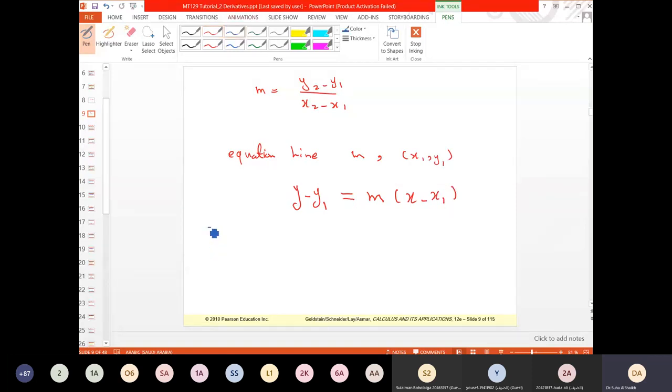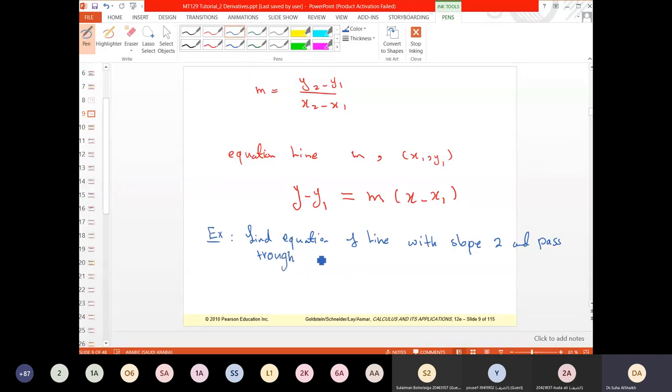Example, simple example. If I say find the equation of the line with slope 2 and passing through, I'm just giving you an example, we still didn't start with our slide.